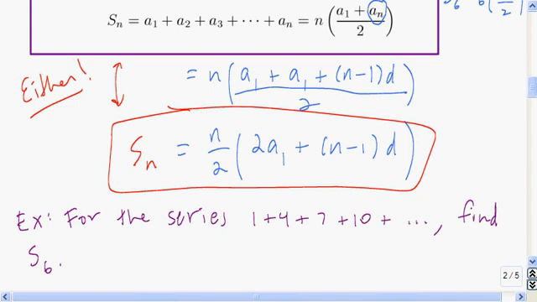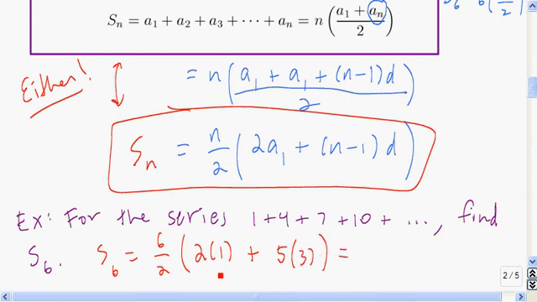So remember, you should figure out, do you want to use this formula or do you want to use this formula? Okay, when I do this, I would rather use the second formula. So s sub 6 equals n divided by 2, so 6 divided by 2 times the quantity, 2 times a1. a1 is 1, so 2 times 1 plus n minus 1, so 6 minus 1 is 5 times the common difference, which is 3.